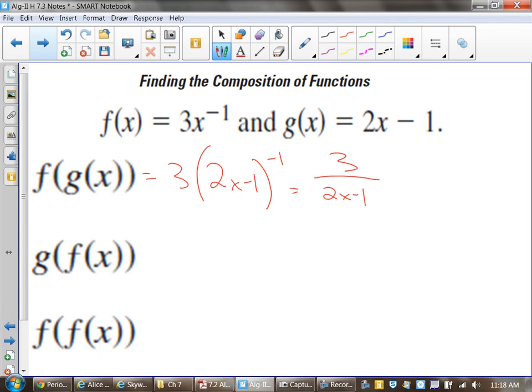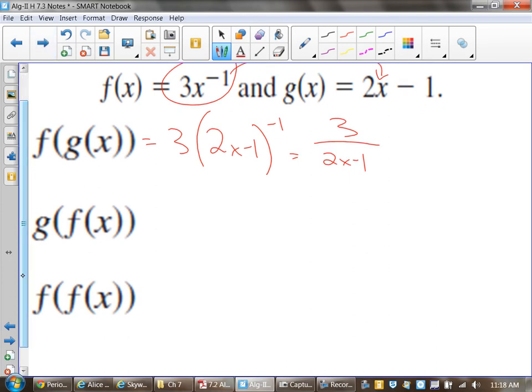Same idea, go in the other direction. If I want to know what g of f of x is, now I have to take the f of x equation and substitute into there. Which means in this example, we wind up with 2 times 3x to the negative 1 minus 1. What's not happy?